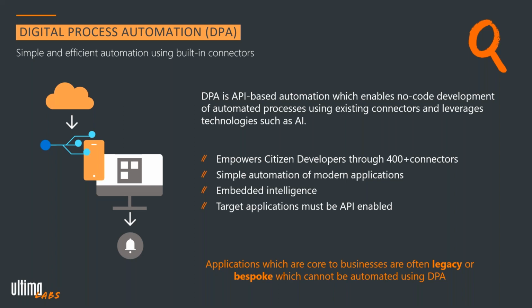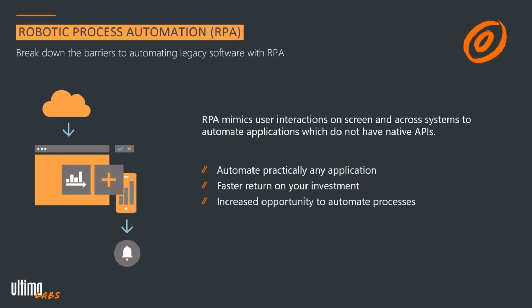So if you've still got lots of systems where you have a Windows application or a Java application or something, and the only way to automate a process in it is to literally load up the application and start using the application like a user, or get some developers to spend a huge amount of time writing an API front end for it, then DPA really isn't the way to go. None of the built-in connectors are going to talk to these systems, and that's where RPA comes in.